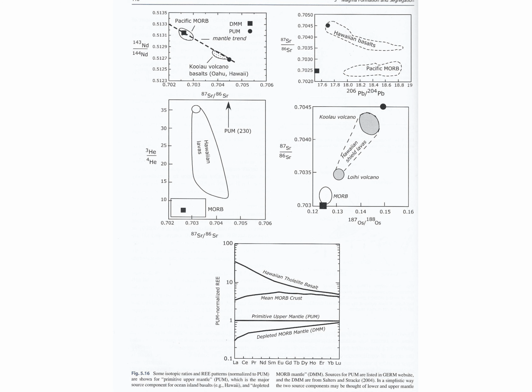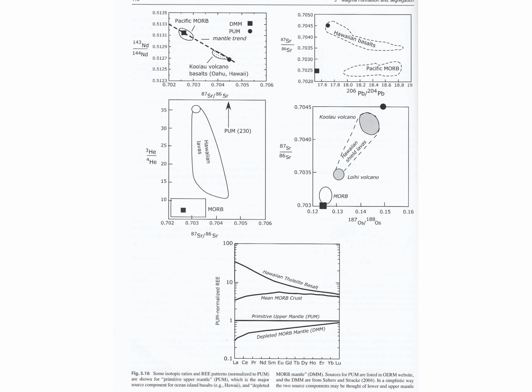All these different isotopes can be used as a geochemical fingerprint to identify in which geotectonic setting the different basalts which we have sampled in the field were formed.